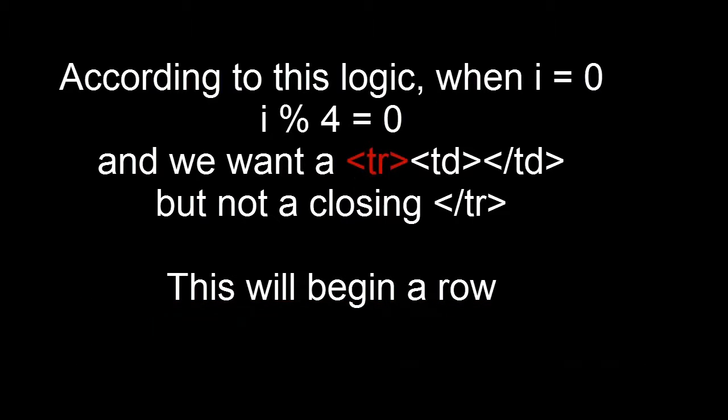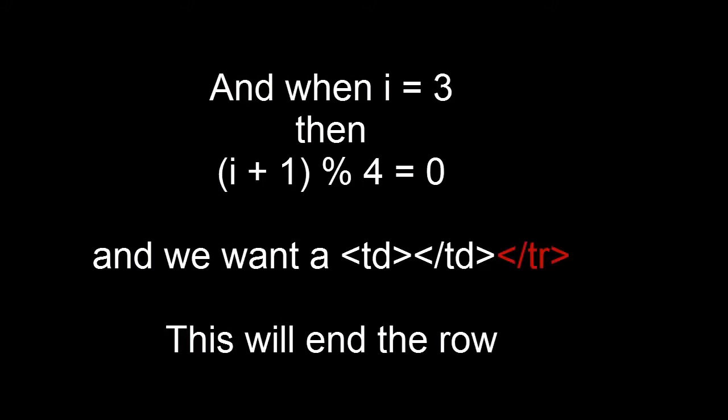According to this logic, when i equals 0, i mod 4 equals 0, and we want a tr tag and an opening and closing td tag, but not a closing tr tag. This will begin a row. And when i equals 3, then i plus 1 mod 4 equals 0. And we want a td tag and a closing td tag and a closing tr tag, but not an opening tr tag.